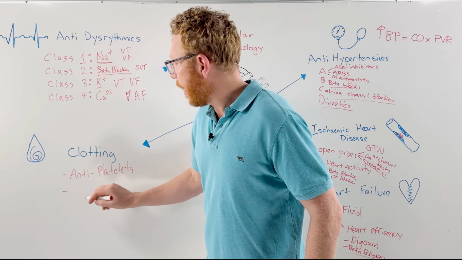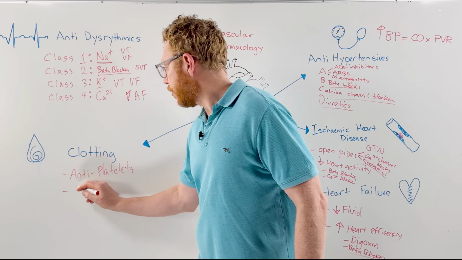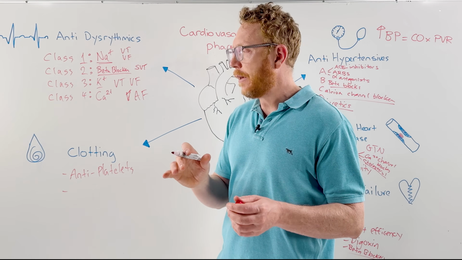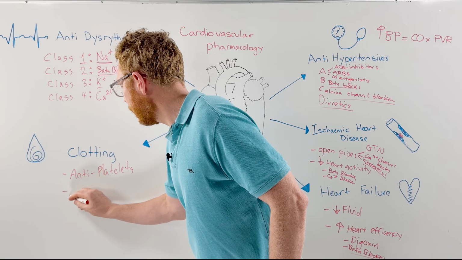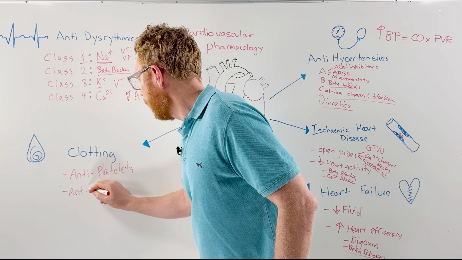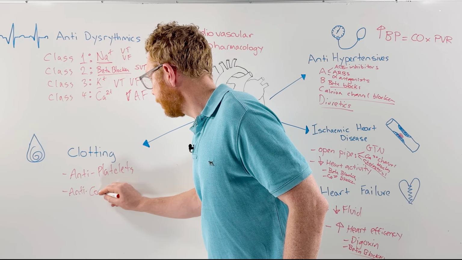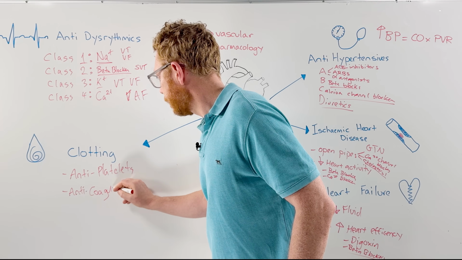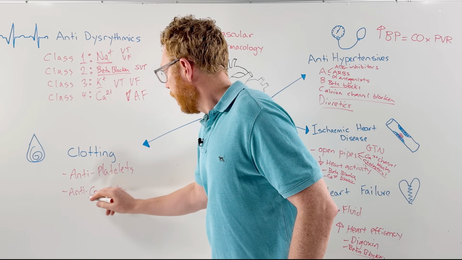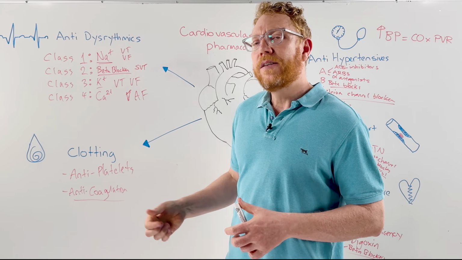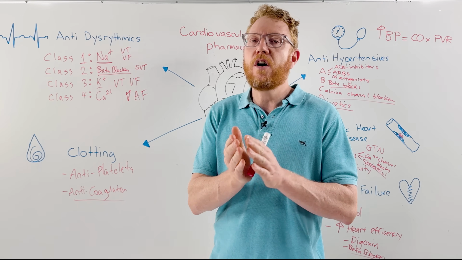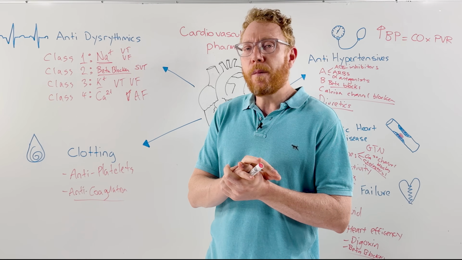Then we go to medications that are based on coagulation. So this is the second part of homeostasis, sometimes known as secondary homeostasis. So this is anticoagulation. So the medications that would fit into this group would be heparin. So heparin is a medication that kind of blocks the effect of thrombin.